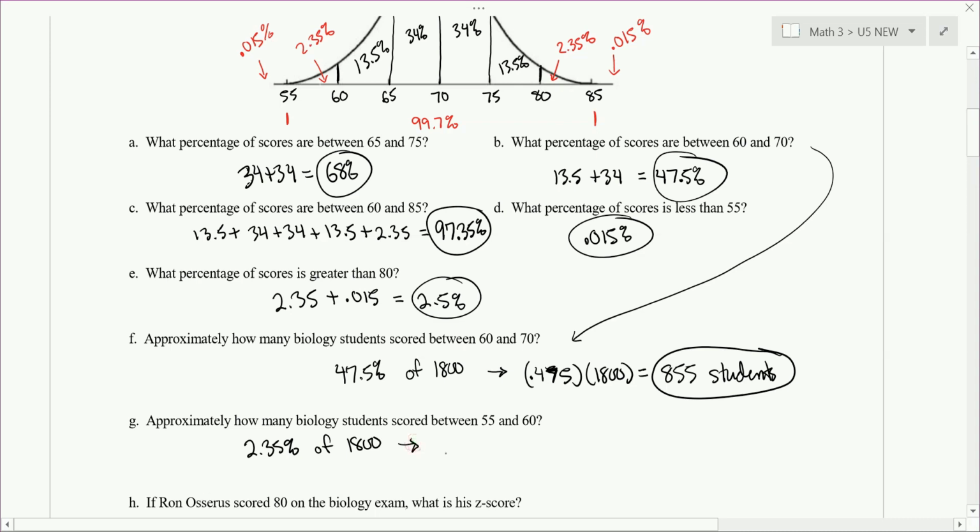So to find that, we're going to multiply 0.0235 times 1,800, which comes out to be 42.3, but we need to round that to the nearest integer, which is 42, because we're talking about students here.